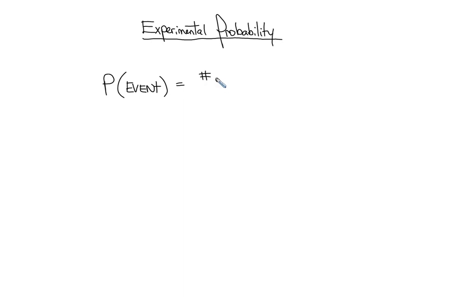It's the number of actual successes divided by the number of trials. In other words, how many times did we perform the experiment? How many times did we throw a 6-sided die? How many times did we toss the coin? That's the bottom number. What goes on top? How many actual successes you got.